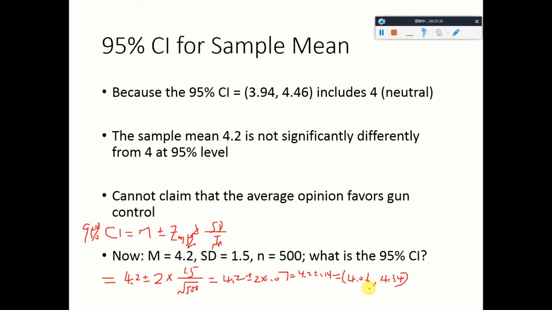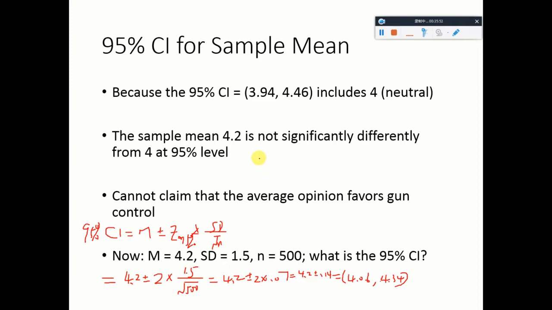So there we go. This is our 95% confidence interval for this particular point estimate of the sample mean. Now I can ask you, given this confidence interval, can we say that the average opinion of this population is in favor of gun control?